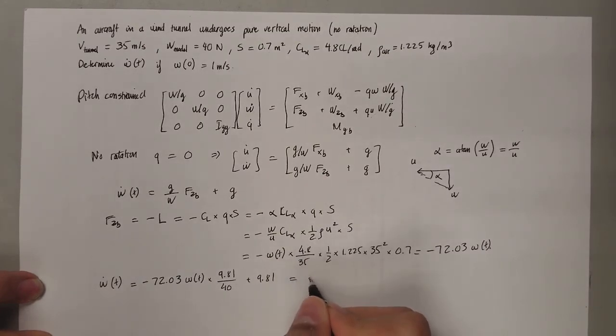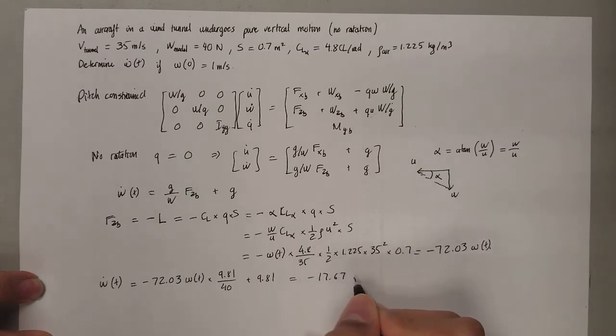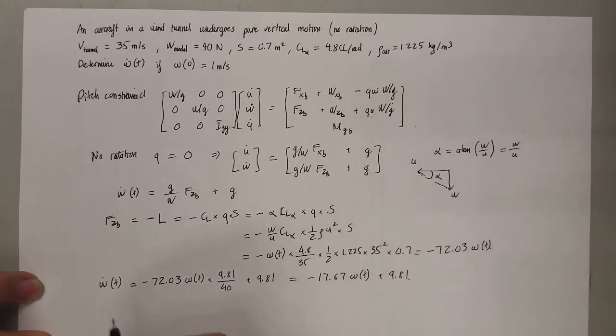This is going to turn out to be negative 17.67 W(t) plus 9.81.